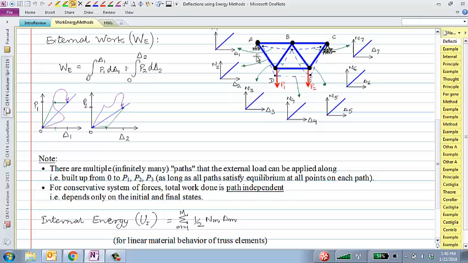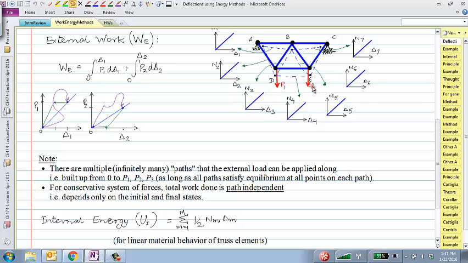And as you do that external work, the structure would deform. It would deflect a little bit. And as it deflects, it would store internal energy within itself. For the truss, it stores internal energy among all of its members. And if I sum up the internal energy among all of its members, then that would give me the total internal energy stored in the structure.